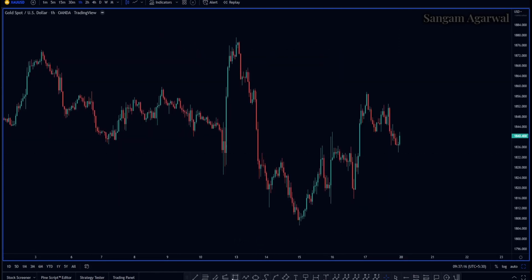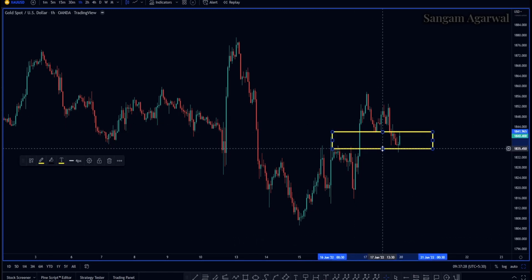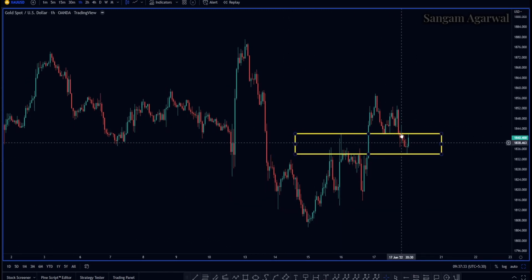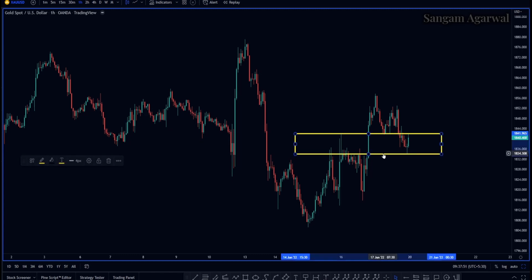And if you draw support and resistance on this intraday H1 time frame, then you can see price is testing this resistance area. First it tested this high during London Open, and now it is testing the lower support of this support zone.